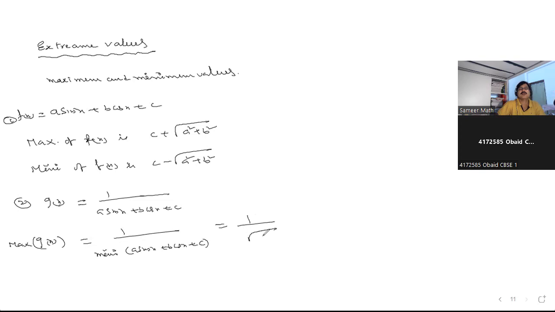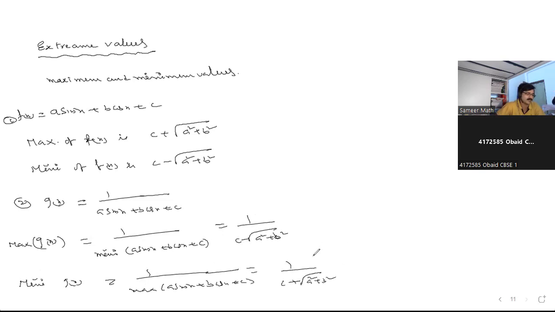You are supposed to write a square plus b square and c minus. If I say the minimum of g of x, then it becomes the maximum of the denominator, a sin x plus b cos x plus c, which is c plus root of a square plus b square. It is like this.